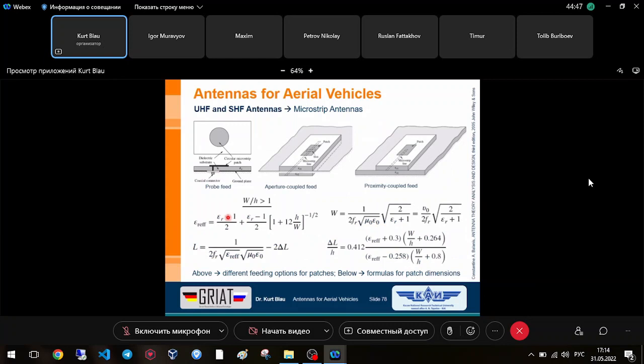Yeah, now we can see here the basic formulas. How can we calculate the dimensions of such an antenna for a given frequency, or better, for a given wavelength? It means in every case frequency and wavelength in free space.